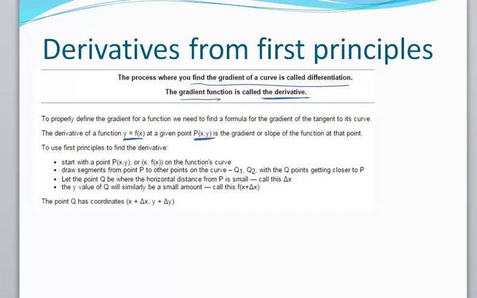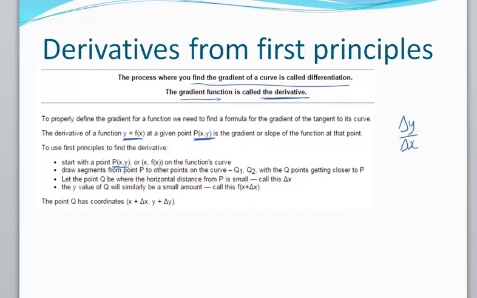To use first principles to find our derivative, we're going back to our original concept of change in y on change in x. So we start with our point P(x, y), or (x, f(x)), depending on the terminology.